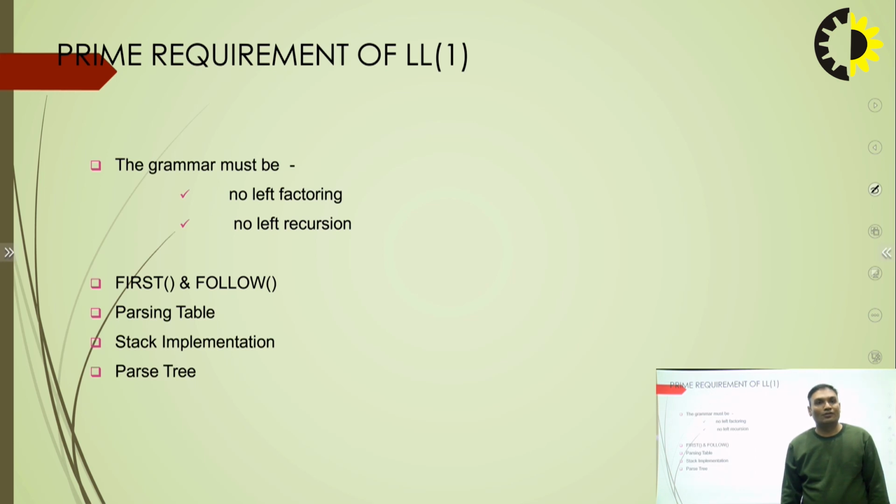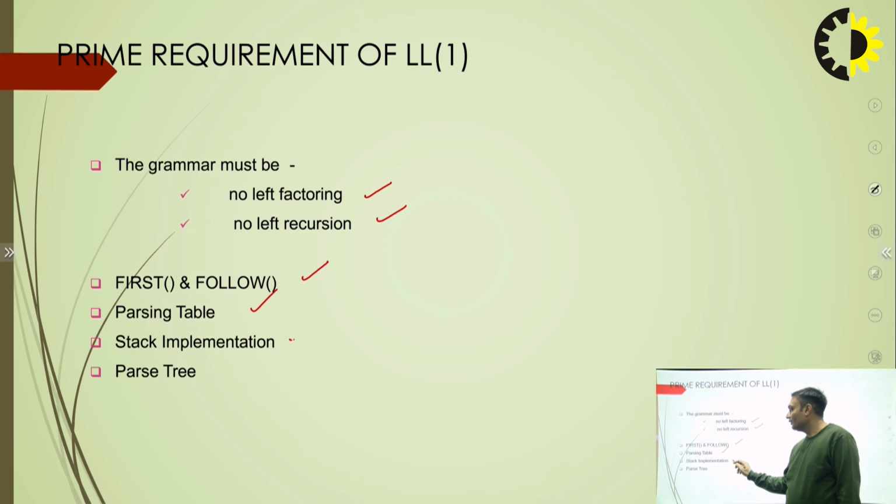To construct the LL parser, there are the following requirements. The grammar should not have left factoring, and there should not be left recursion. So no left factoring and no left recursion should be present in the given grammar. Then we need to construct the first and follow. Then we need to construct the parsing table.